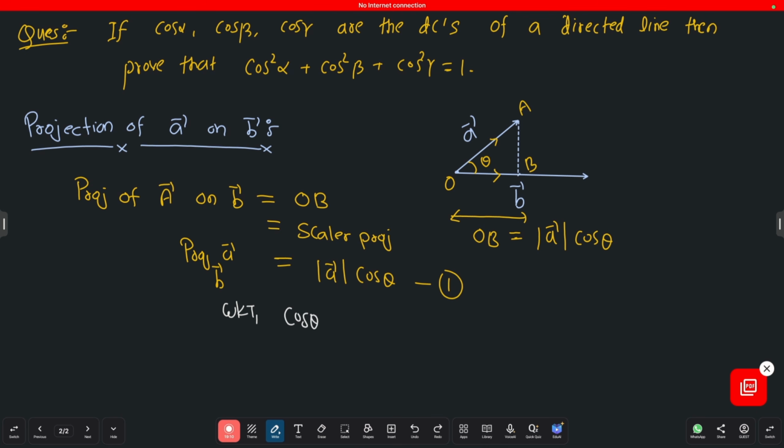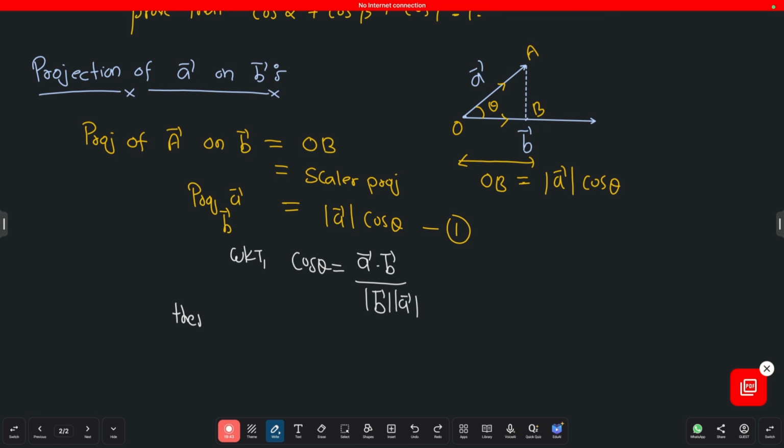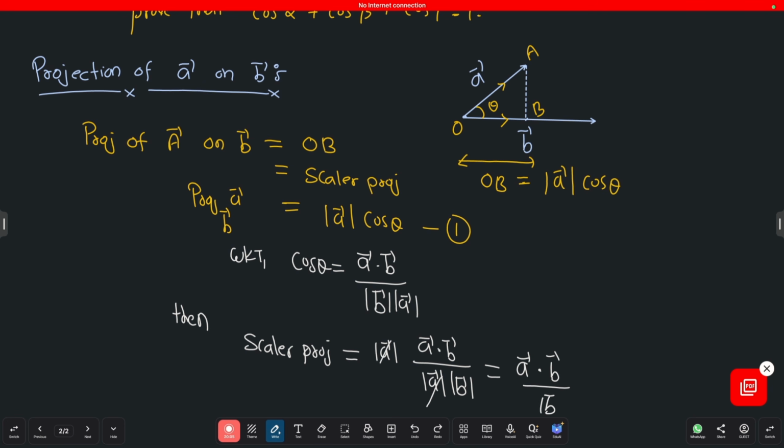We know that cos theta is A dot B upon mod A mod B. So put this value here, then mod A cancels, and the answer will be A dot B upon mod B. This formula I gave last time. This is scalar projection.